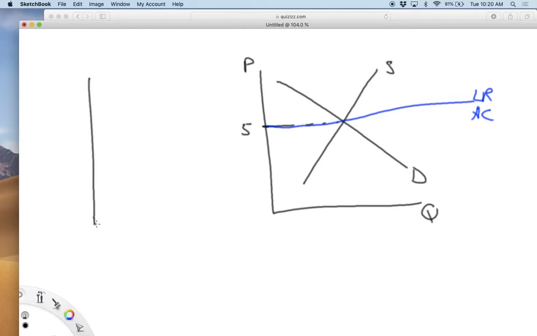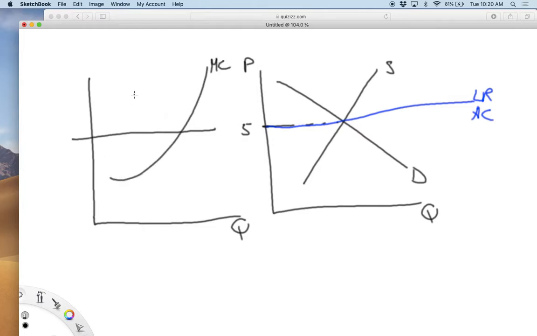And the firm takes the price. Here's the marginal cost, and you're breaking even at $5, okay? So if demand for your product increases now, in the short run, price will rise.